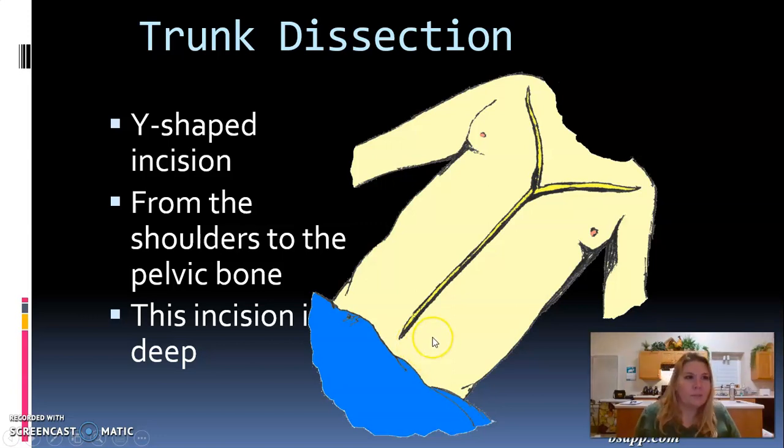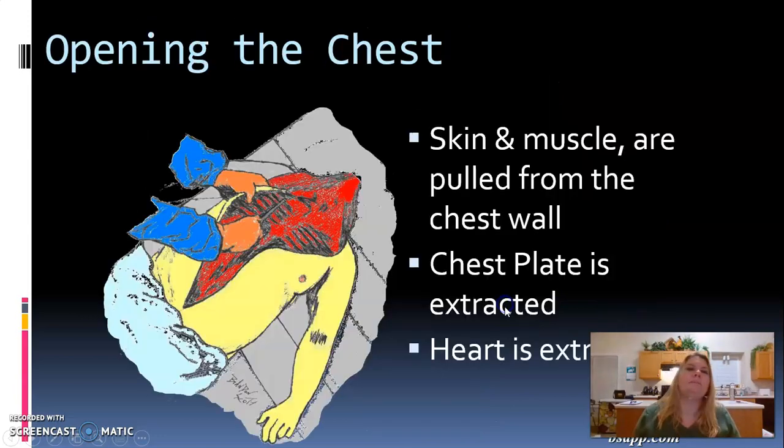People that are very skinny have skinny skin, and people that are a little bit bigger have thicker skin, so you have to cut all the way down into all the layers of skin and fat and musculature that's in the way until you get down to the bone on the breastplate area. And then once you get into the area underneath the breastplate, it's all organs from this point down. There's no bones in the way, so to speak.